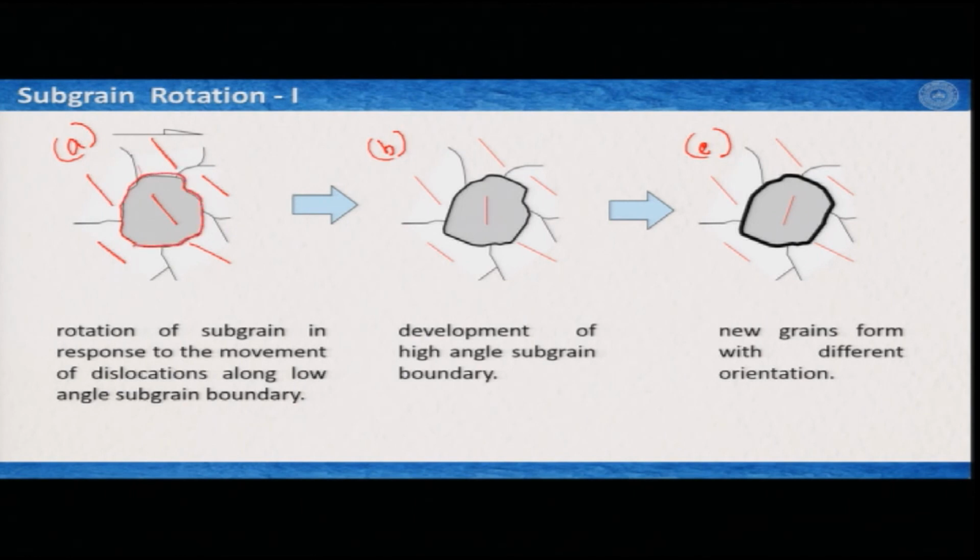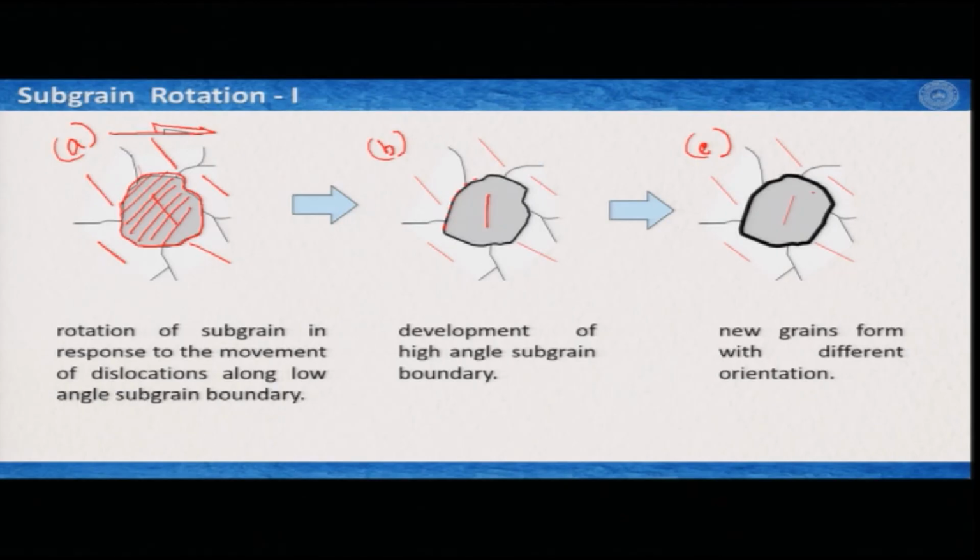Okay. Now, if the deformation continues, then this subgrain can rotate, and when this grain is rotating, of course, the crystallographic orientation of this grain is also rotated compared to the neighboring grains. Therefore, you generate some sort of high angle grain boundary between this grain we are concerned with and the other grains in its neighborhood.